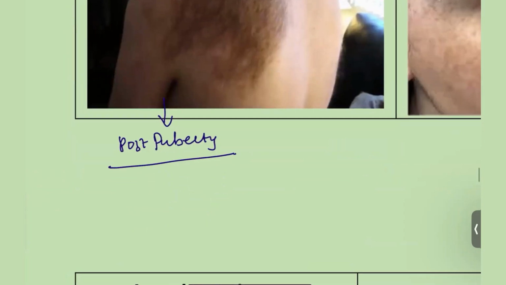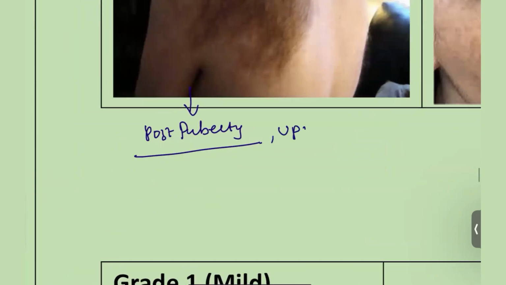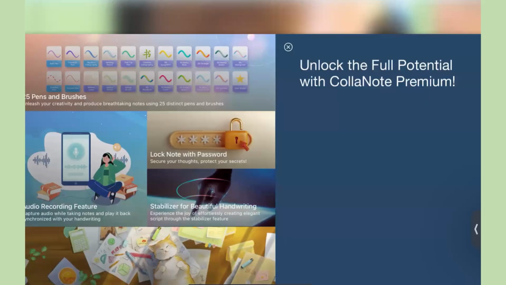Becker nevus is seen in adults, in puberty and post puberty. Usually it involves the upper trunk, and it is always unilateral.